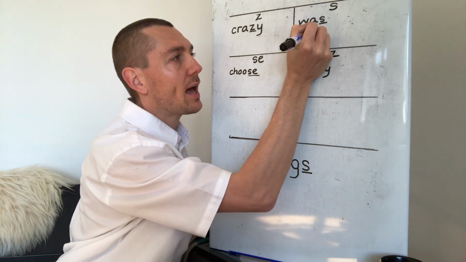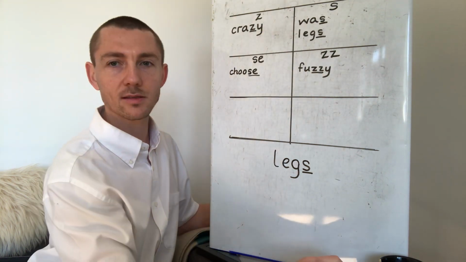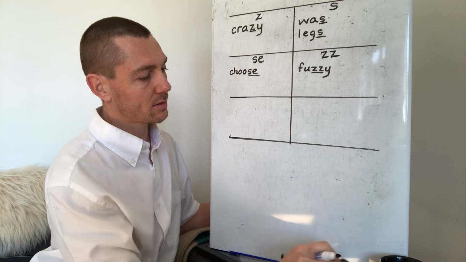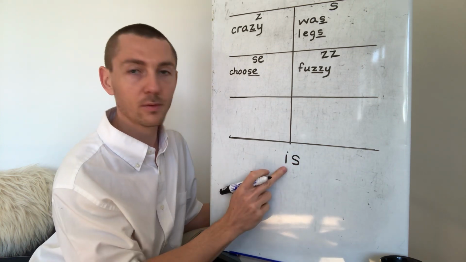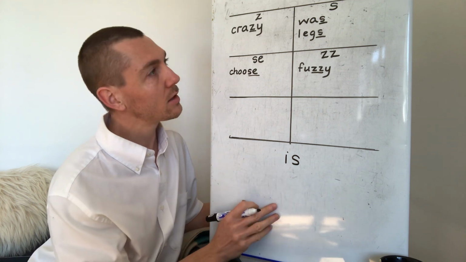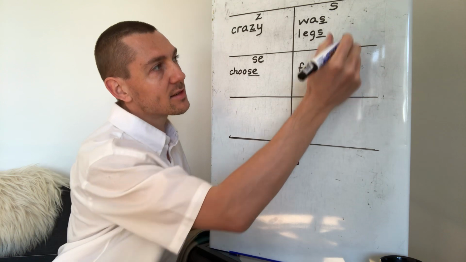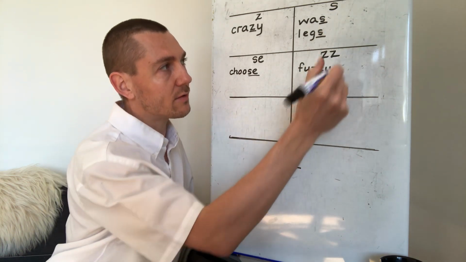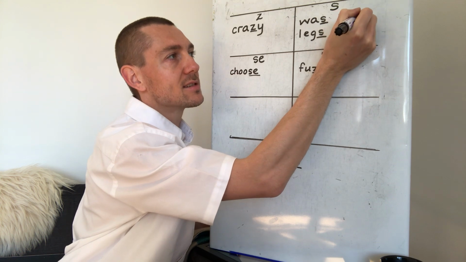L, E, G, Z. Legs. One, two, three. Is, with the S spelling again of Z. I, Z, is.